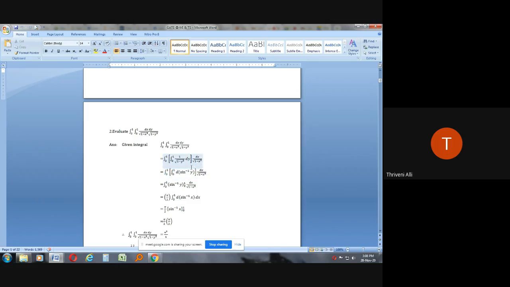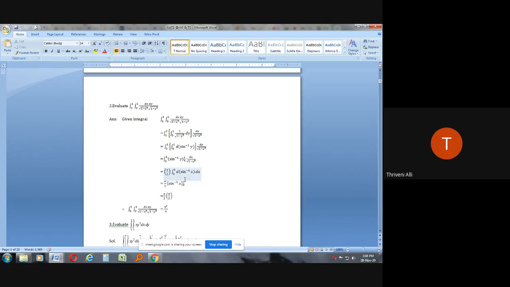So this is sine inverse y between the limits 0 to 1 and sine inverse x between the limits 0 to 1. Both are constant limits, so we evaluate with respect to any variable first, either y or x. After substituting the limits, we get pi by 2 into pi by 2, that is pi squared by 4.